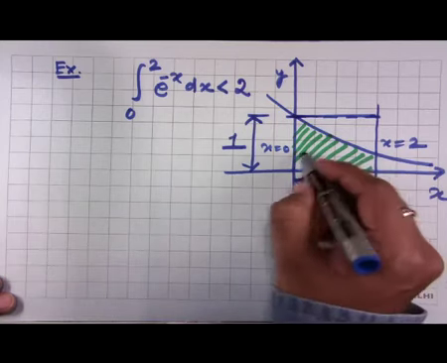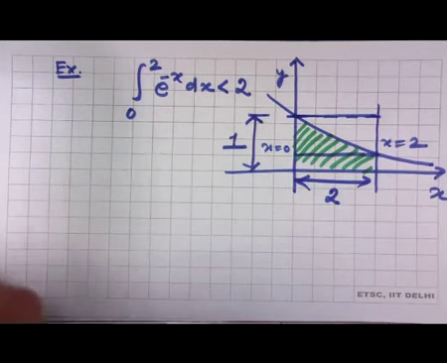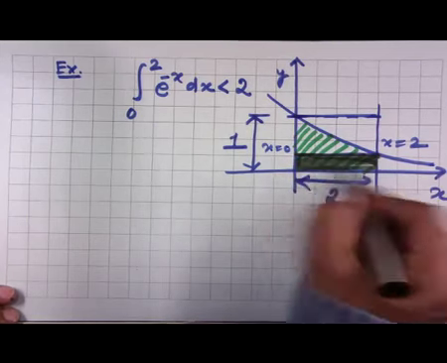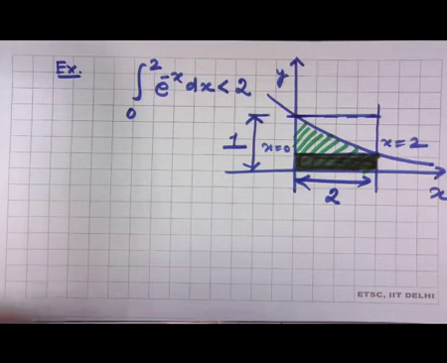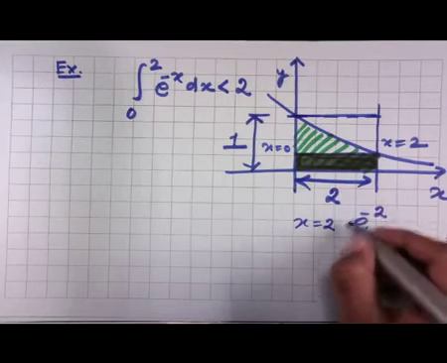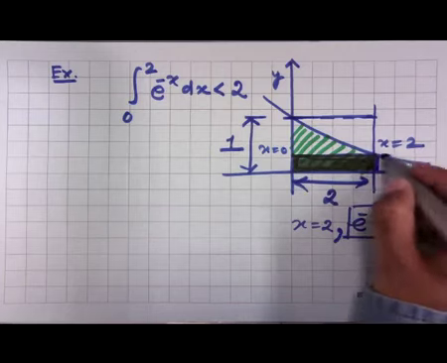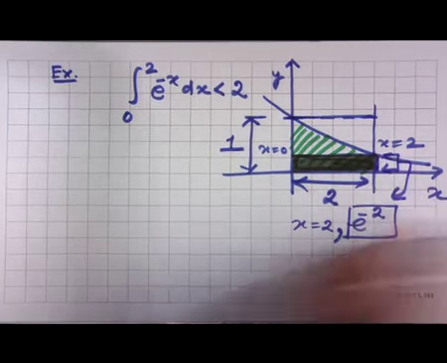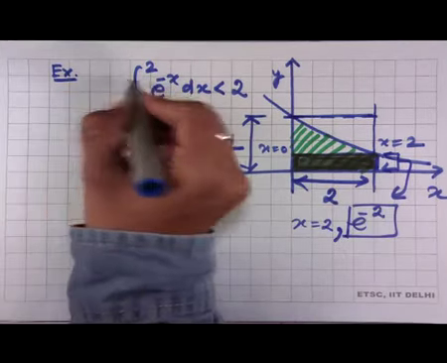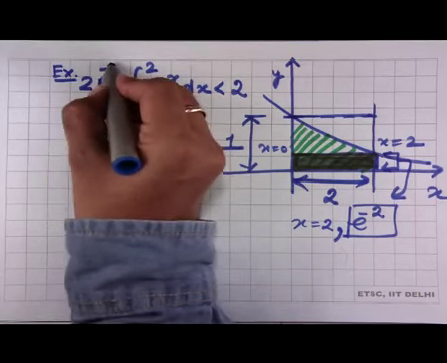For the lower bound we have to draw this rectangle, and since the function is decreasing throughout, the lower bound will be given by the area of this rectangle, whose height is the function value at x equals 2, that is e to the power minus 2. So the area of this rectangle shaded by black color is 2 into e to the power minus 2.